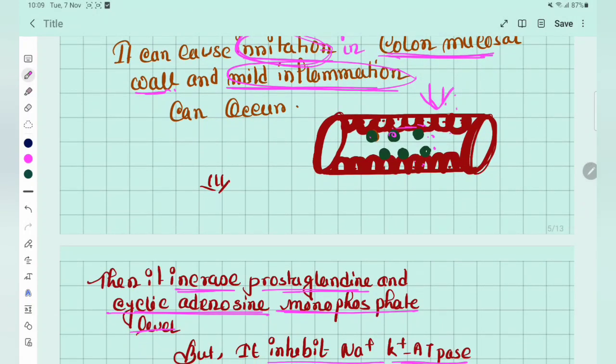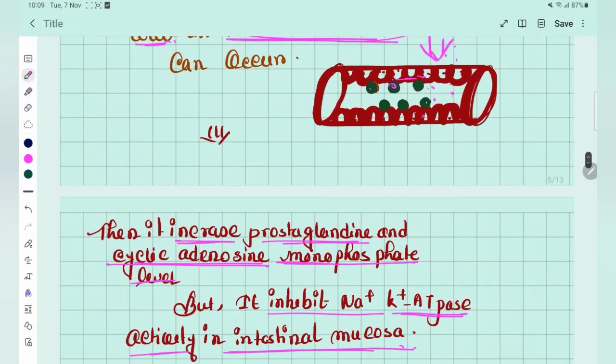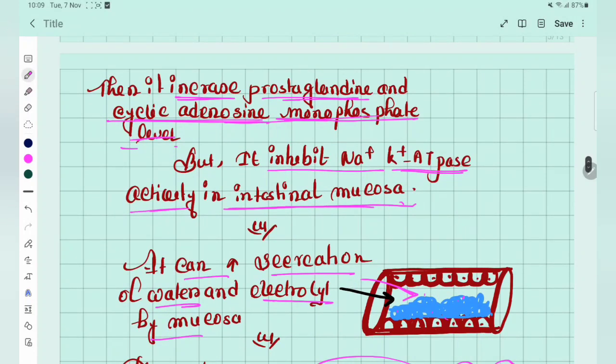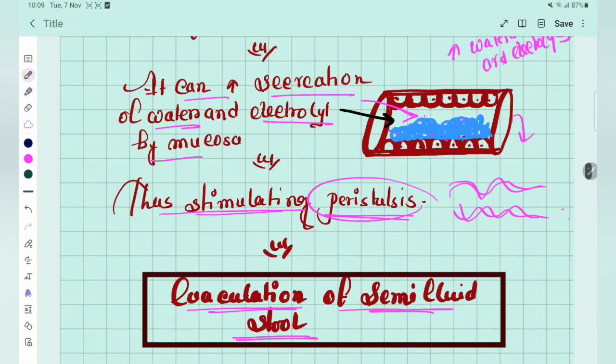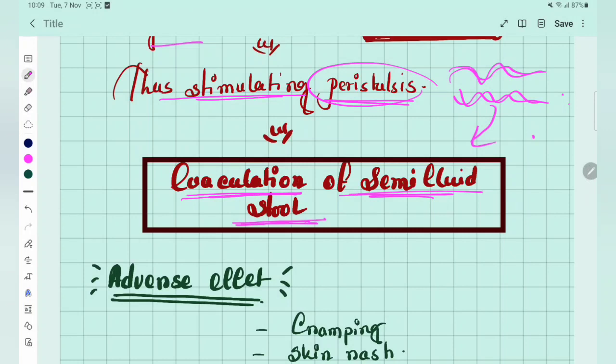So when inflammation occurs in the colonic mucosal layer, there is an increase in prostaglandin and cyclic adenosine monophosphate level in the colon, and when these are increased, it inhibits the Na plus and K plus ATPase, and by this activity increases the secretion of water and electrolytes. By this activity, peristaltic movement also increases, and when peristaltic movement increases, it can cause evacuation of semi-fluid stool. So all are understood about the mechanisms of the stimulant laxatives.